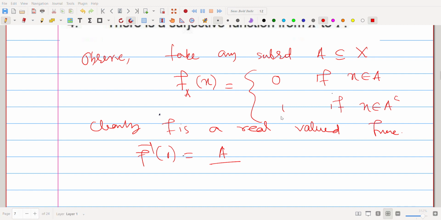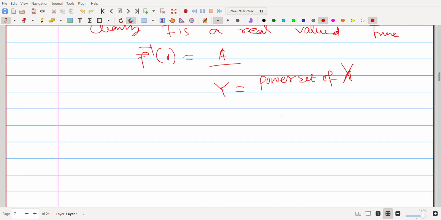So that will imply that this collection Y is the power set of X, because any subset of X is in this Y. So this collection is the power set of X.